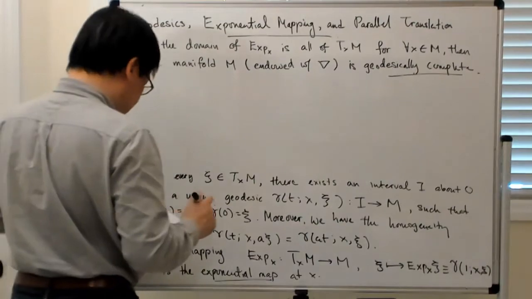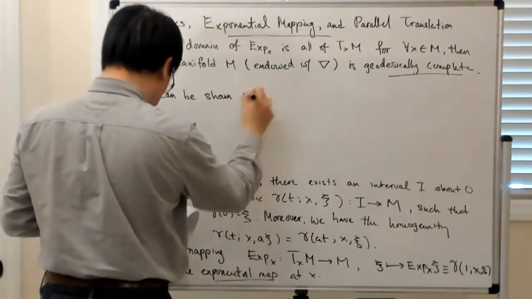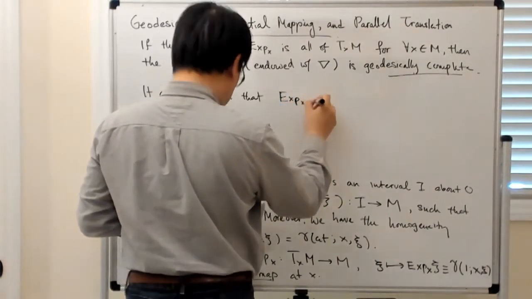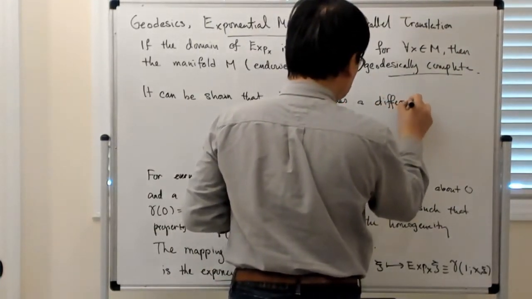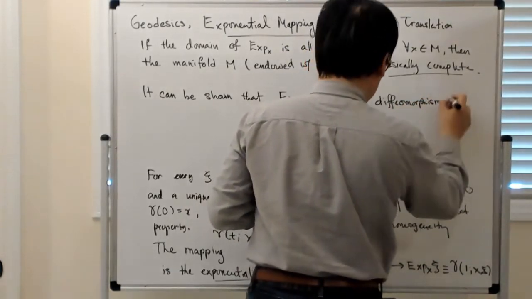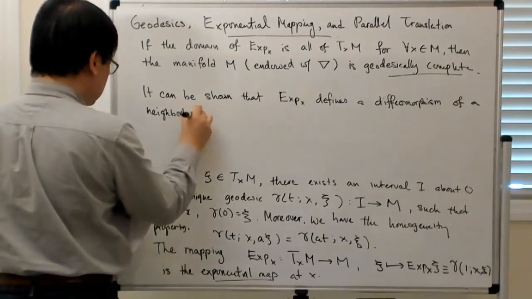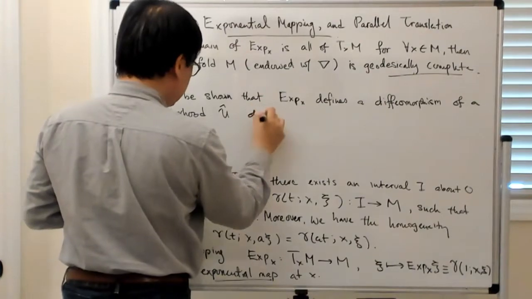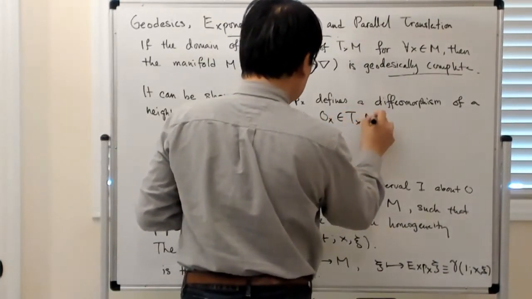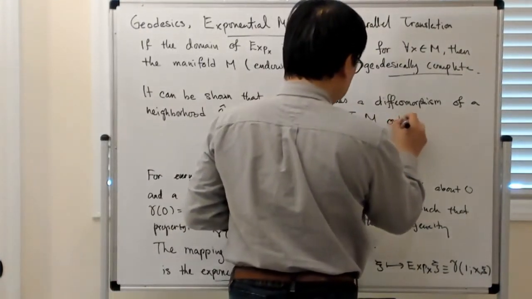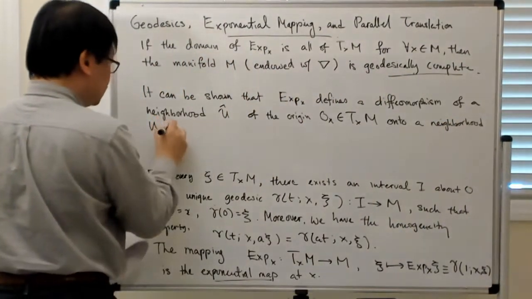So, okay, it can be shown that the exponential map defines a diffeomorphism of a neighborhood, let's say U hat, of the origin 0_x, which is in the tangent space at x to the manifold M, onto a neighborhood U of x in M.